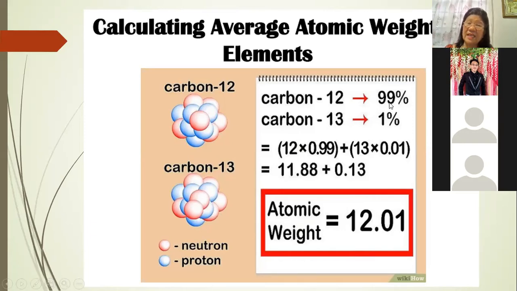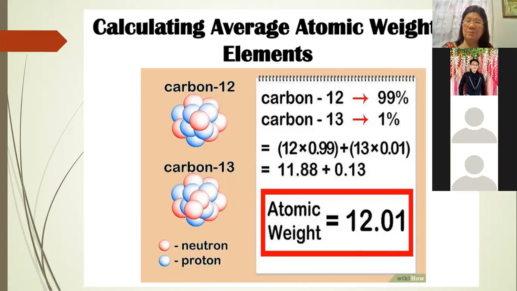But since that is 99% and 1%, how are we going to get the average atomic weight of these two isotopes? We already know it's 99% for carbon 12. All you have to do is get the average. So you have the atomic mass of carbon, it's 12, and how abundant is it?